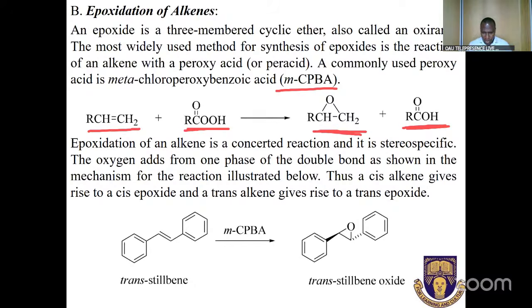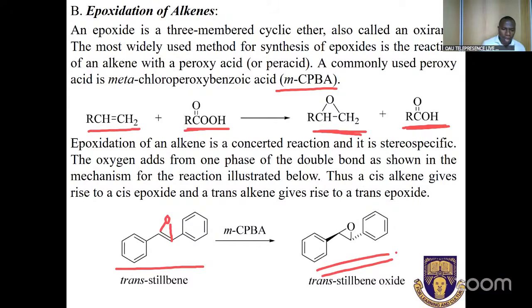In terms of epoxidation, the reaction will happen such that if you treat the trans-stilbene, the second equation on the slide, with MCPBA, which is metachloroperoxybenzoic acid, the oxygen just inserts itself into that space where the double bond is, giving us the product on the right.